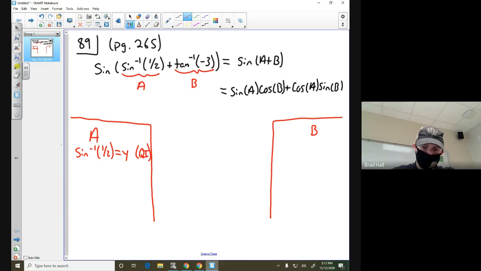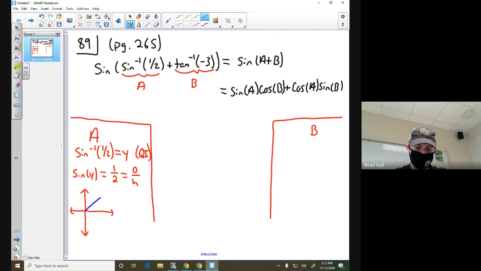So really what this is telling us is that sine of y is equal to 1/2, which is opposite over hypotenuse. So by using triangulation in quadrant 1, opposite is 1, hypotenuse is 2.